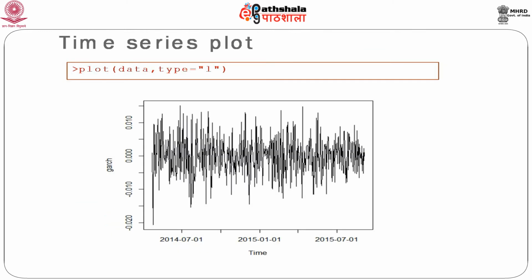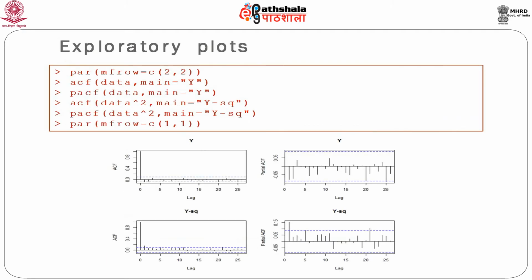The first exploratory analysis for any kind of time series is a time series plot. To draw a time series plot, you can just call the plot function with type equals l. That will generate the time series plot, which looks like this, and then the other plots are the ACF and PACF. For ACF, just pass the data with mean equals y, and the same for PACF. Then the ACF and PACF of y squared.